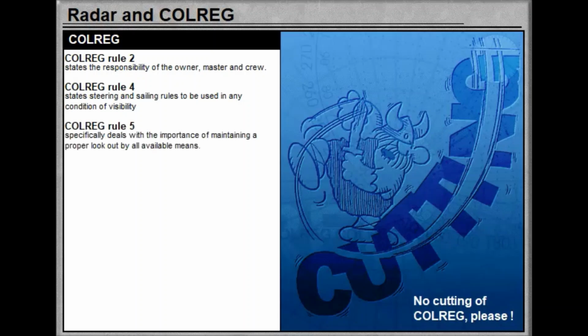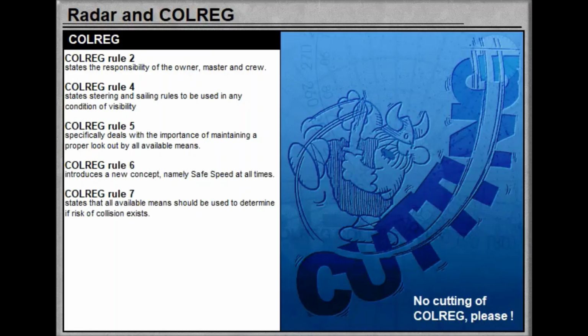COLREG Rule 5 specifically deals with the importance of maintaining a proper lookout by all available means. COLREG Rule 6 introduces a new concept, namely safe speed at all times.